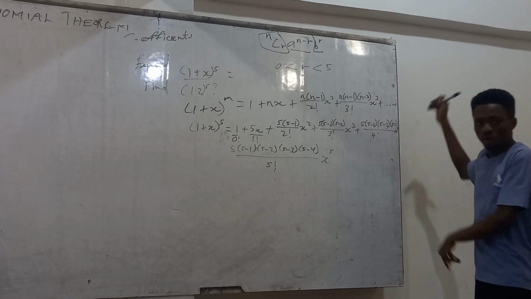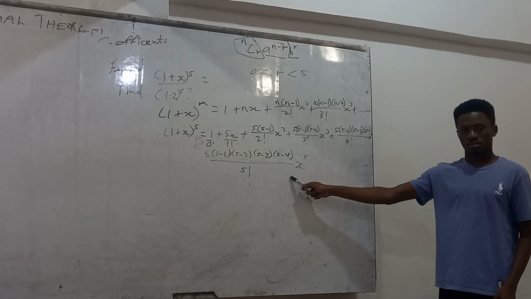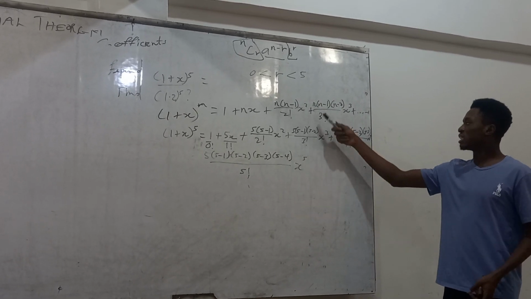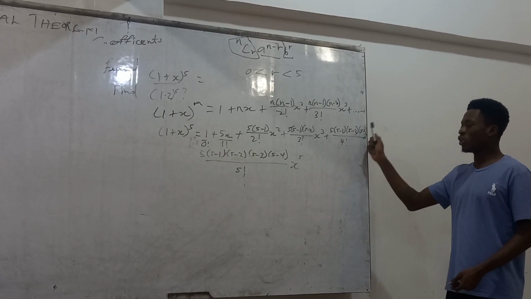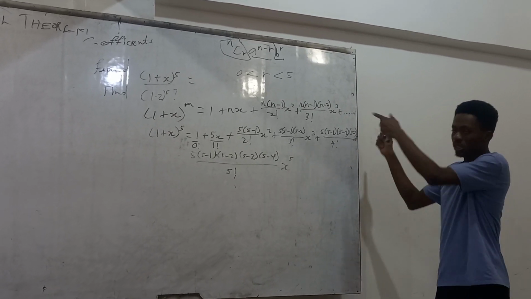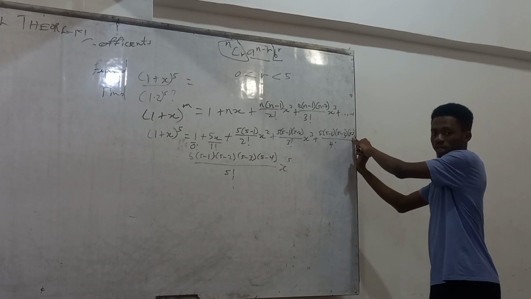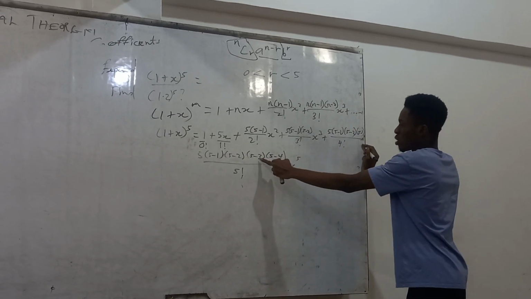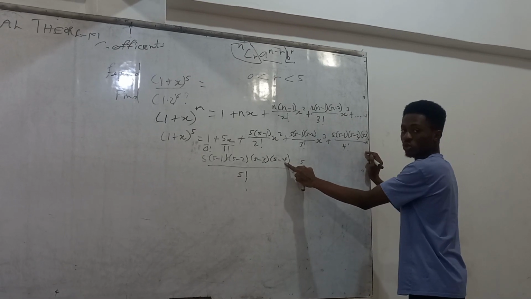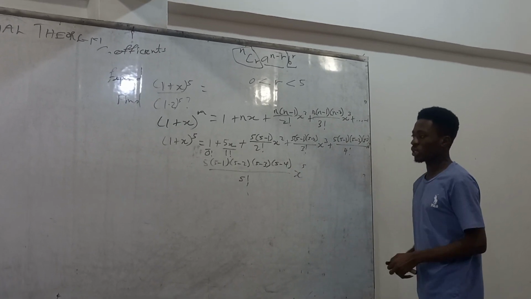Then it goes on and on to the last term. For any additional term, you just introduce a new open bracket, then you reduce it by the subsequent number. Here was 2, so the next number should be 3. The last one ended at 3, so we should introduce a fourth one. So that's how you do your expansion.